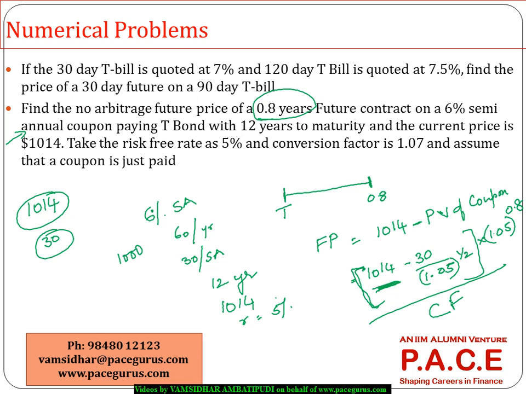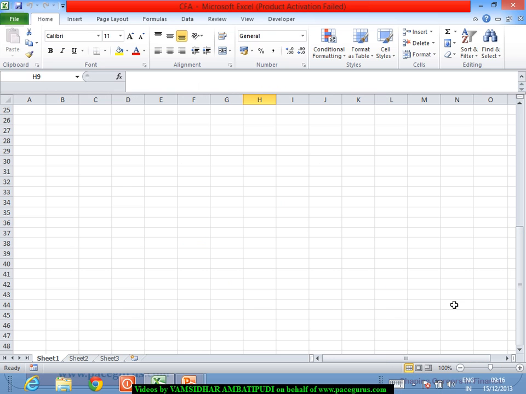So just to adjust this numerical, if I had not adjusted with a conversion factor, what would have been the calculation? 1014 minus 30 by 1.05 to the power 0.5.